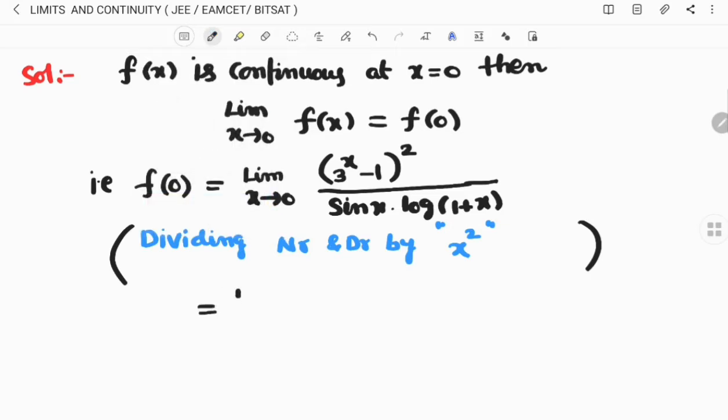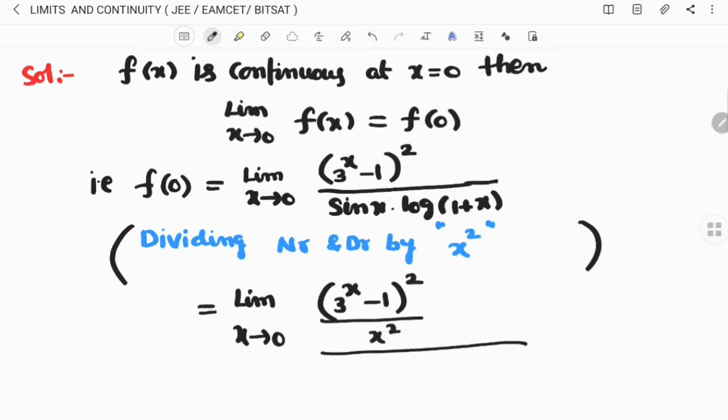So limit x tends to 0, (3 power x minus 1) whole square divided by x square, whole divided by sin x divided by x, into log of 1 plus x divided by x.